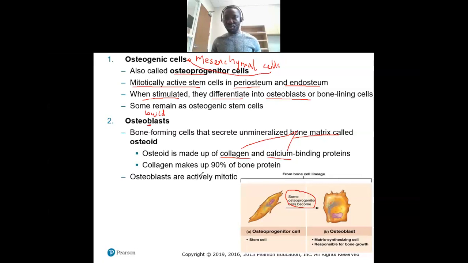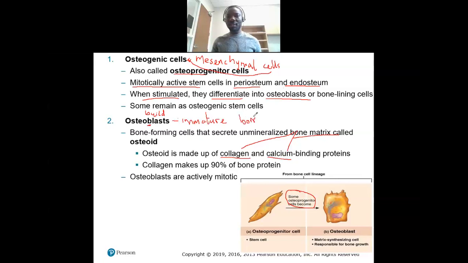Now, osteoblasts are also going to undergo mitosis. They are also going to differentiate, and they will give rise to the cell that we call osteocyte. Osteoblasts, we call them immature bone cells.